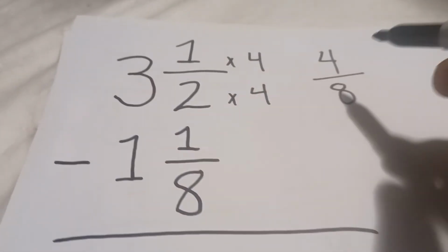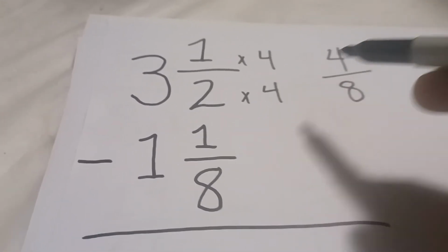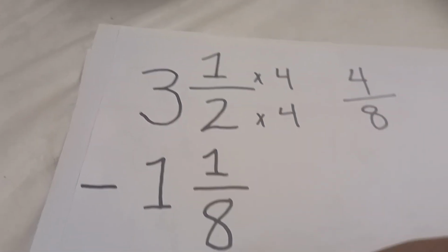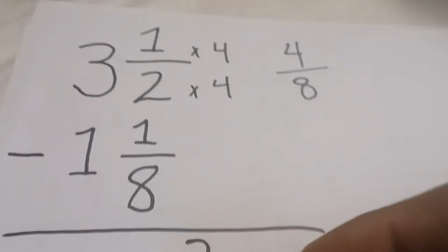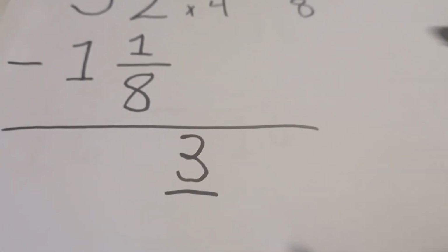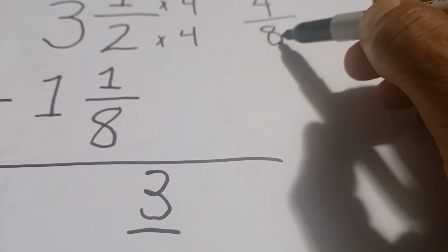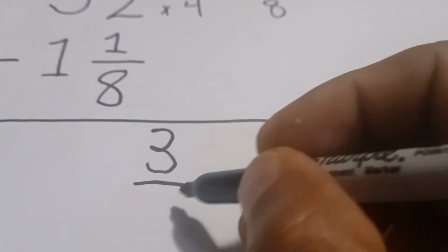Now we can proceed with our equation. 4 minus 1 gives you 3, and then we simply bring our denominator down, which is our 8, since they are the same.